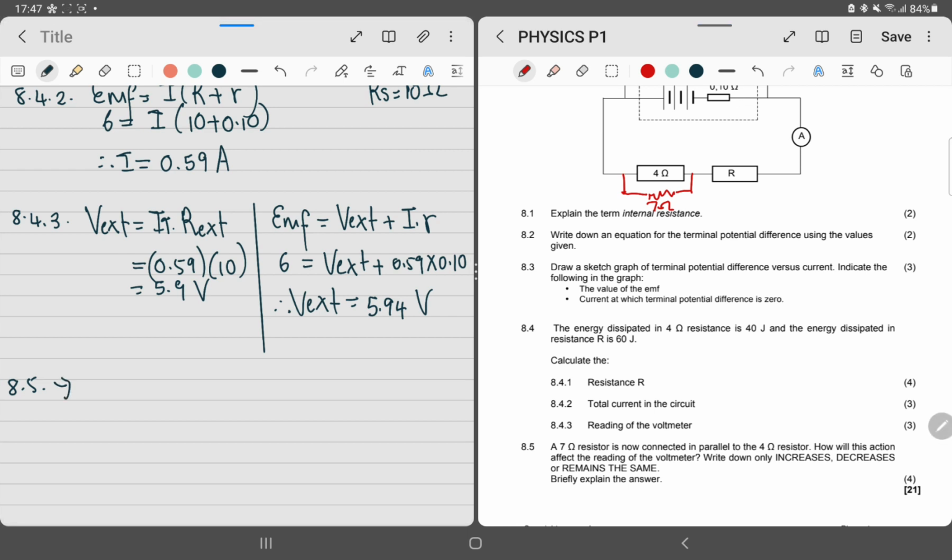So the first thing we are going to look at is the external resistance. When you connect a resistor to a parallel combination, so whenever we are forming a parallel combination, R external will decrease. So R external decreases, and then the current increases.